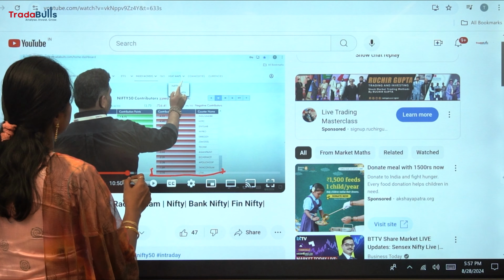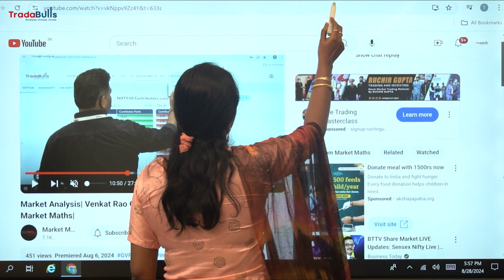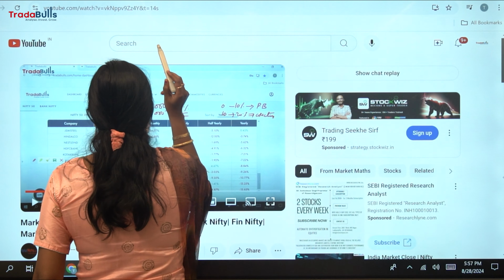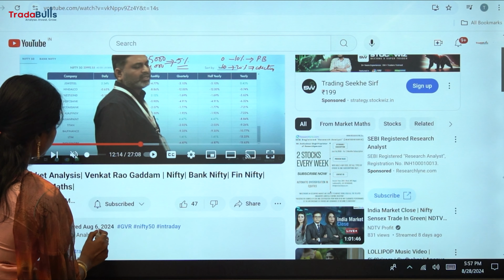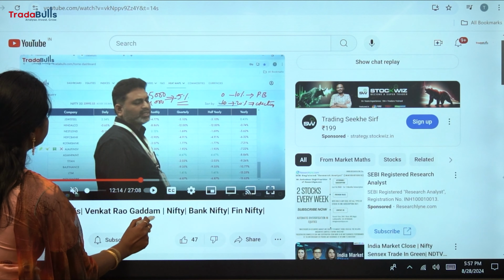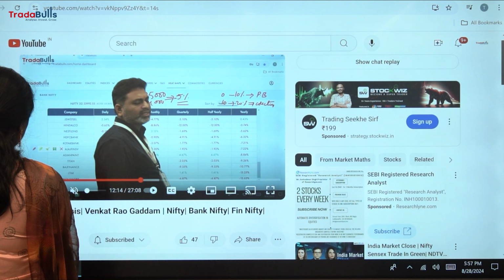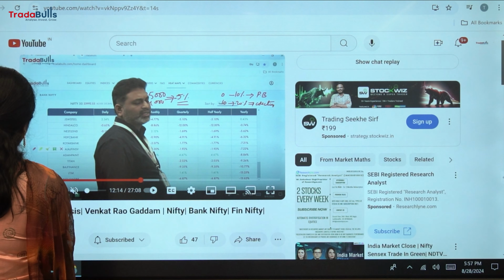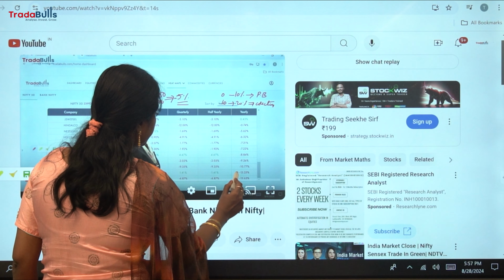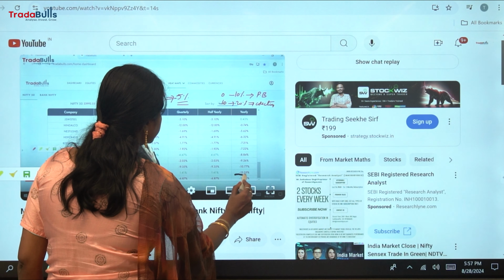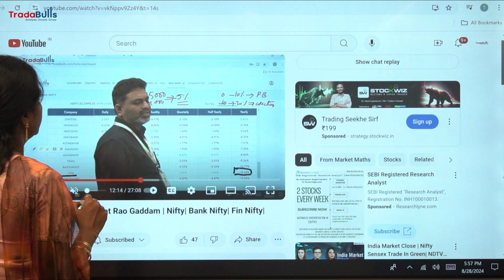Similarly, in heat maps on the same date, August 6th, if you look at LTI Mindtree, the yearly figure is somewhere around minus 13.25, which is on the negative side.